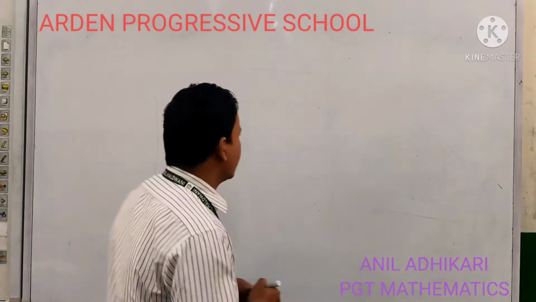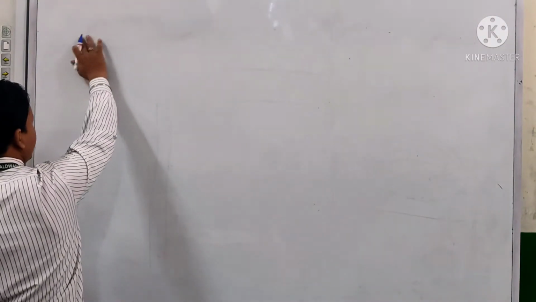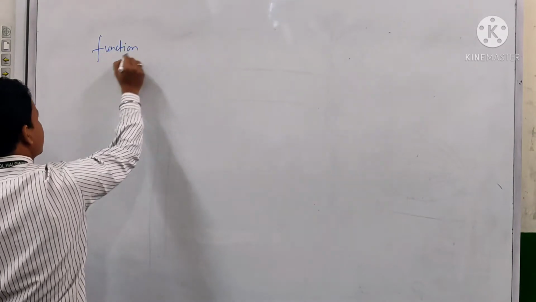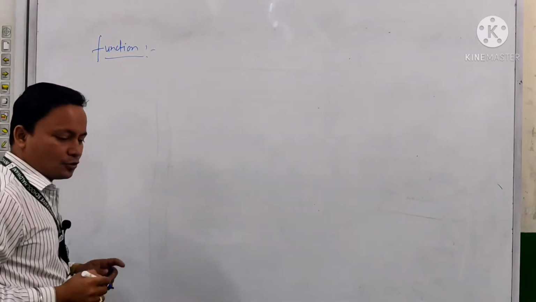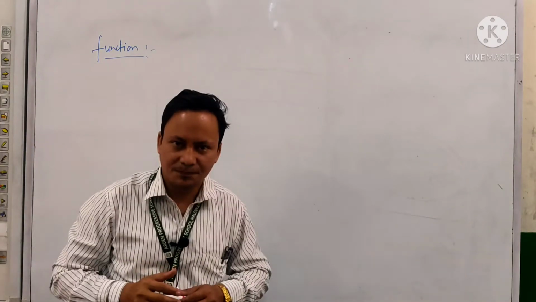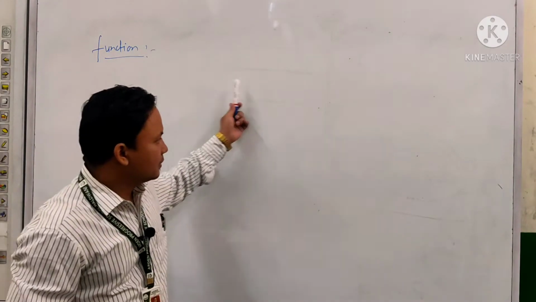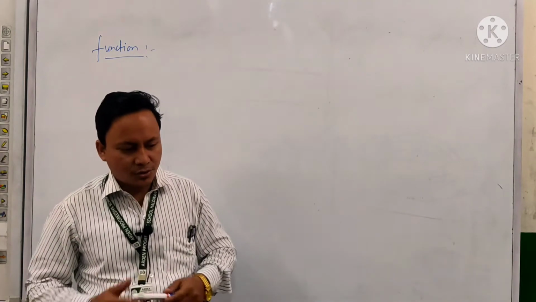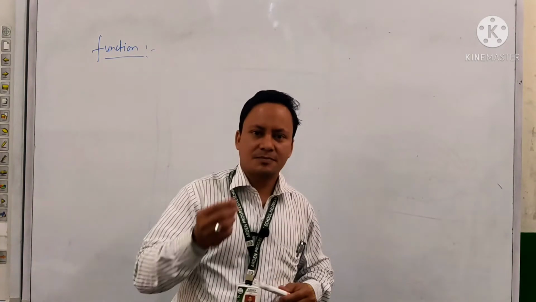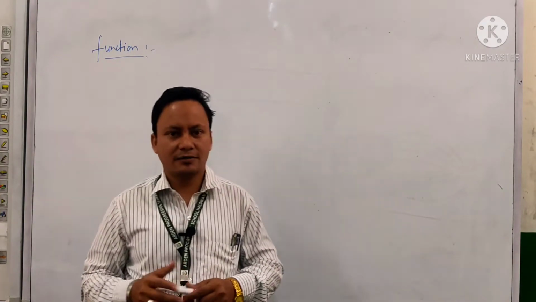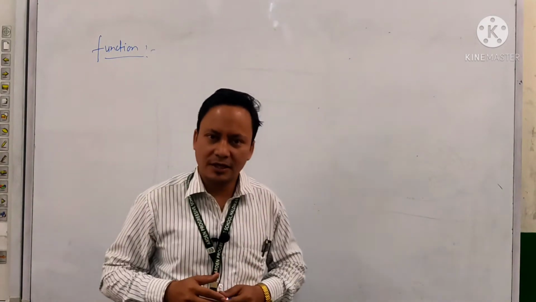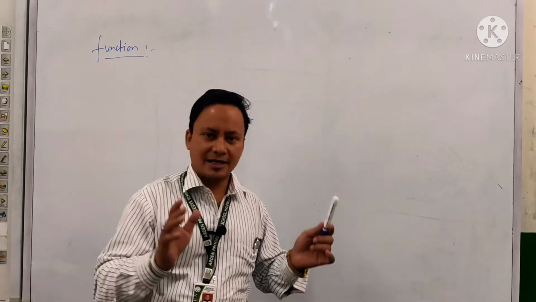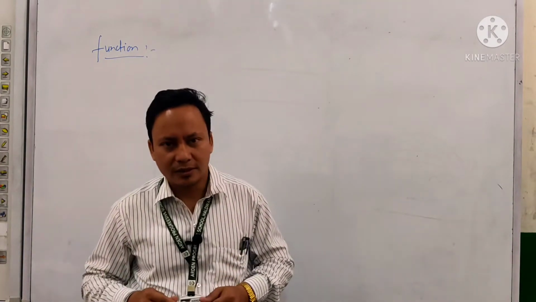So, starting from the very first, let me recapitulate the things of 11th standard. First we will discuss a little bit about function. Basically, dear student, what is a function and how will we practically find that, and whether any curve is a function or a relation. Dear student, a function is a special kind of relation in which the association between the elements of set x and y should be unique.